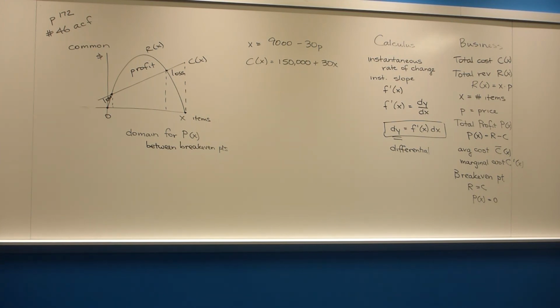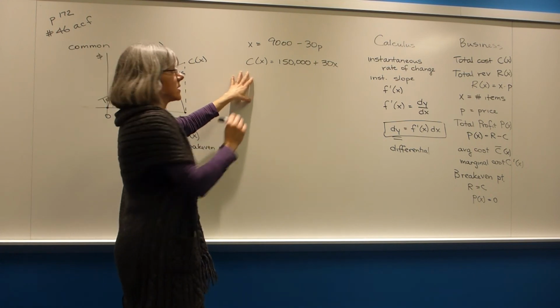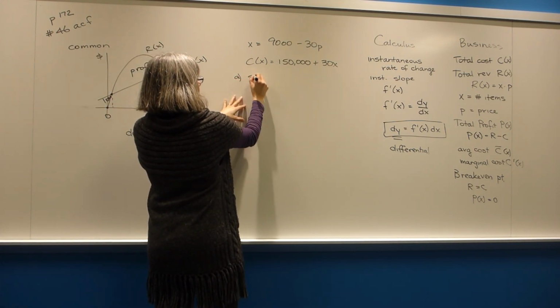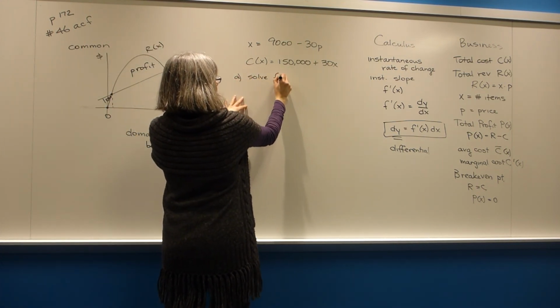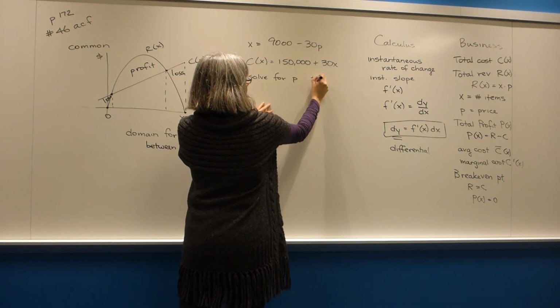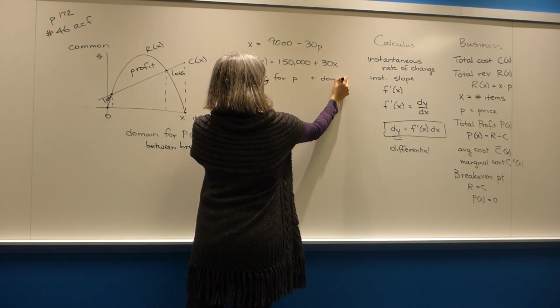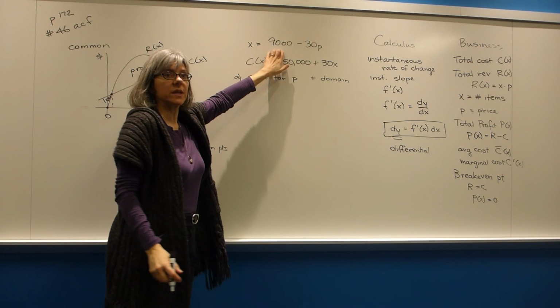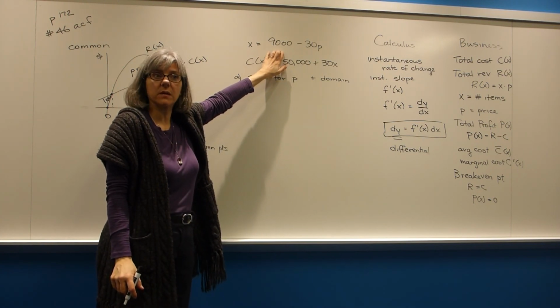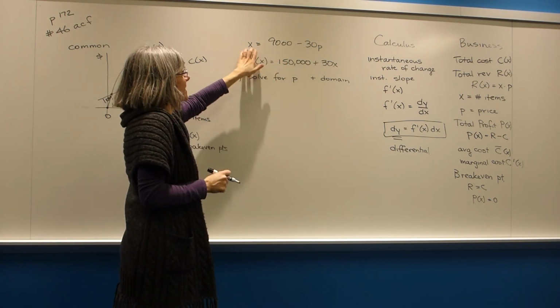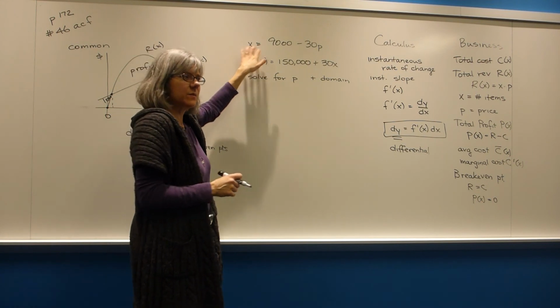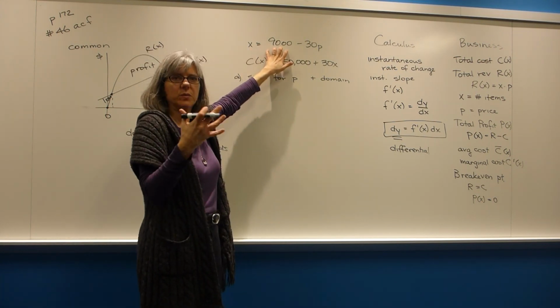So now let's look at A. A says to find the price, we need to find this price. So A is solve for price. And then find the domain. So solve for price just says take this one and solve for p. Because this makes sense to write it this way, don't you think? And this to me makes more sense to write in terms of understanding it.